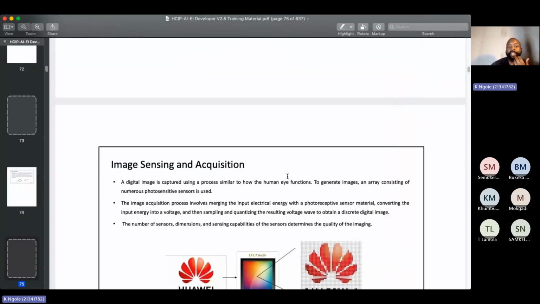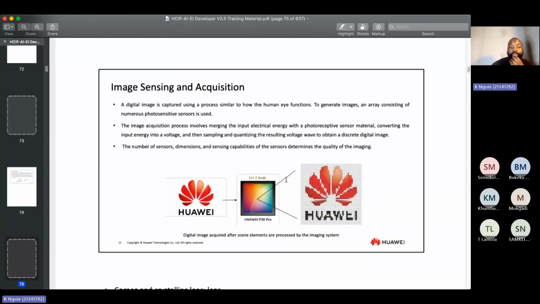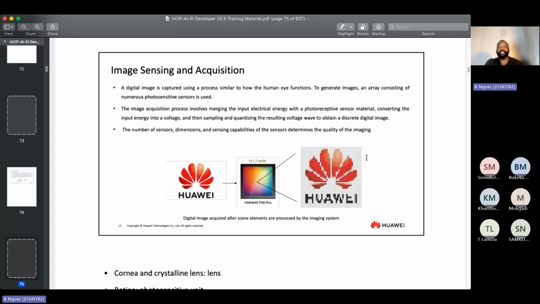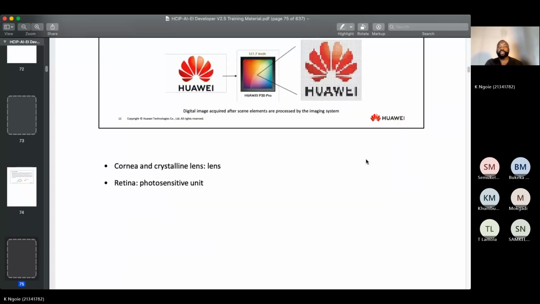So from next week, we're going to be using Huawei software to try and design this, because that will help you as we move forward. Okay.